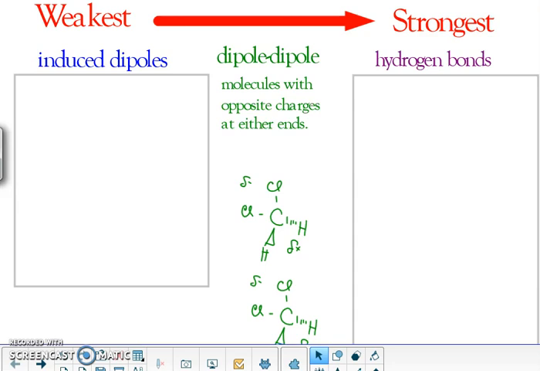The dipole-dipole bonds, that's what happens when you have two polar molecules being attracted to one another. Those two polar molecules are polar because they have charges at either end. For example, this molecule, methane, not methane, but dichloromethane.